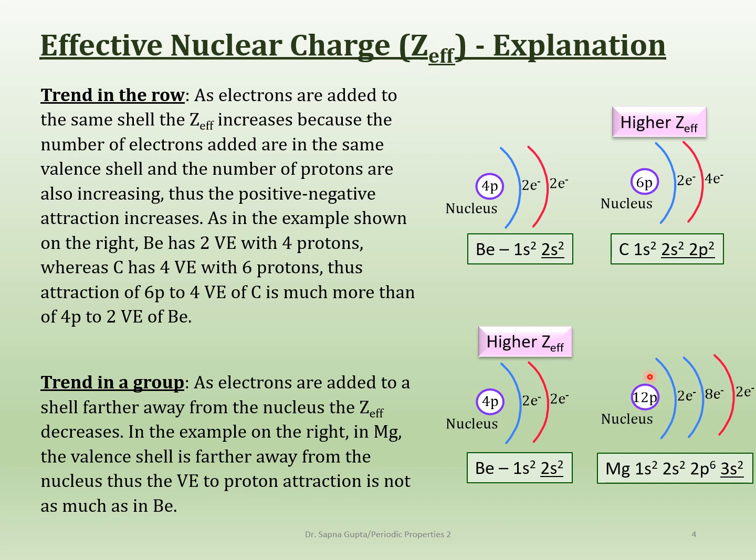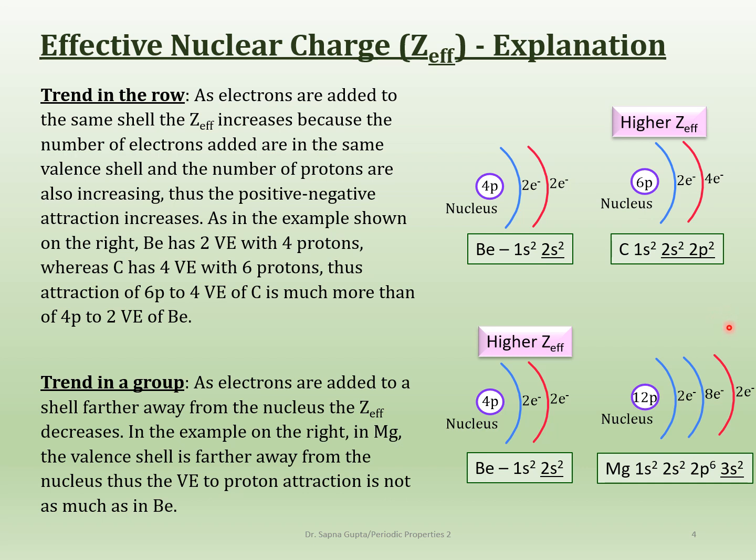So anyhow, what's happening here, okay? One of the things you need to remember is that in the trend in a row, the electrons are being added to the same valence shell, right? So here also in beryllium, it was the second shell. Carbon also is the second shell. But as you go down a group, you're actually adding another shell and then another shell and then another shell, okay?